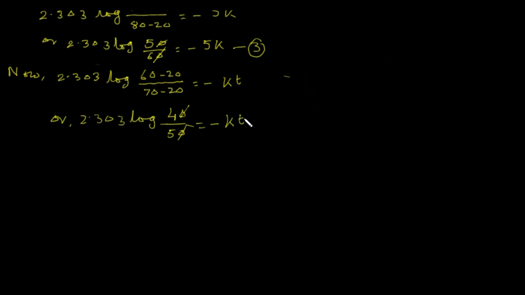Again we cancel the zeros from the numerator and the denominator. This t is the unknown time. We designate this equation as equation number 4.